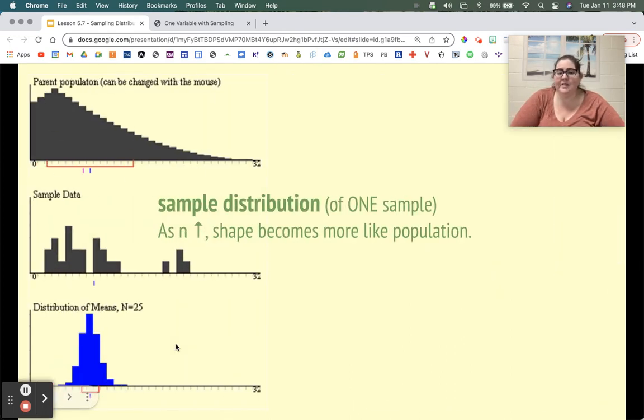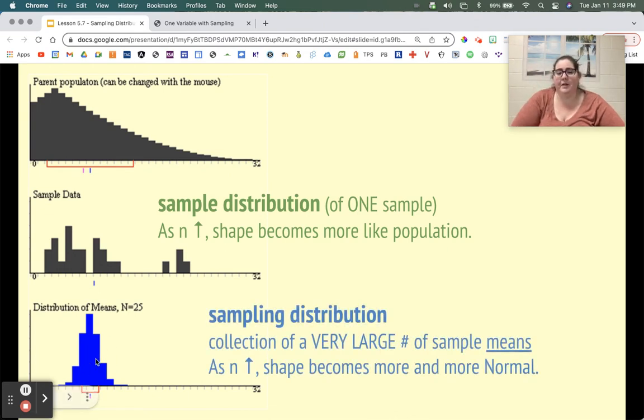A sampling distribution means that I take many, many, many samples of the same size from that population and then put all of the means of those samples on a graph. So particularly, I'm looking for the words sample mean in order for it to be a sampling distribution. Right? So a sampling distribution, as long as our sample size is big enough, will look roughly normal even if the population is not.